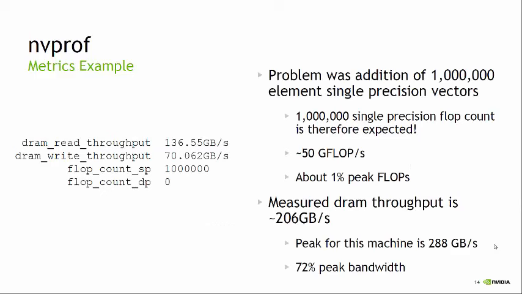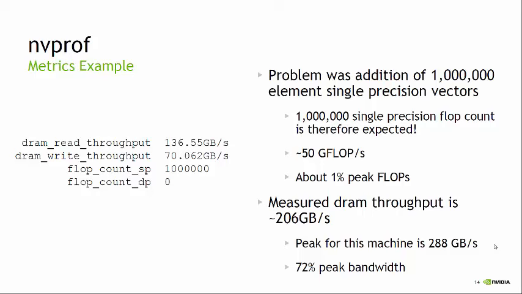What I got was a DRAM read throughput of 136 gigabytes a second, a DRAM write throughput of 70 gigabytes a second, and I'm doing 1 million floating point operations in single precision and 0 in double precision. The problem was an addition of 1 million element single precision vectors. So I'm quite pleased that it's telling me I've done 1 million floating point additions. If it was telling me something else, I would start to question whether I'd written my program correctly.